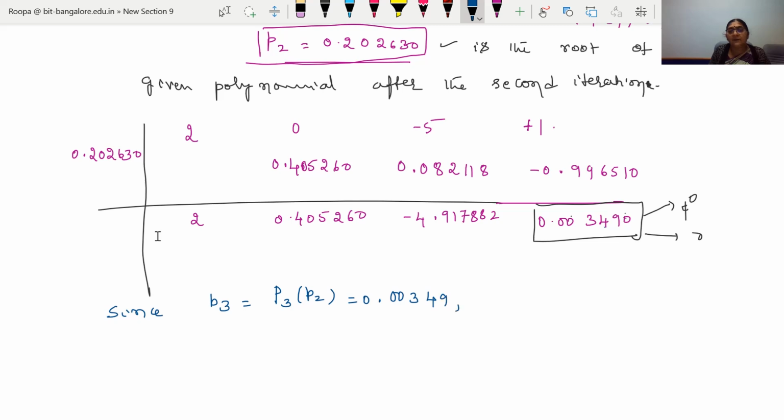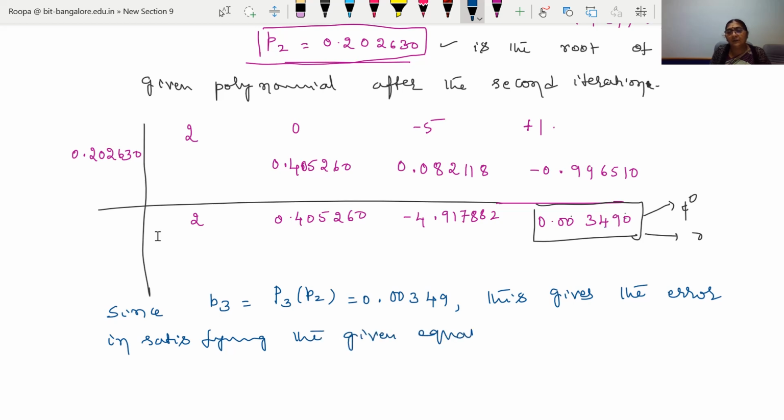0.00349. This gives the error in satisfying the given equation. What's the given equation?